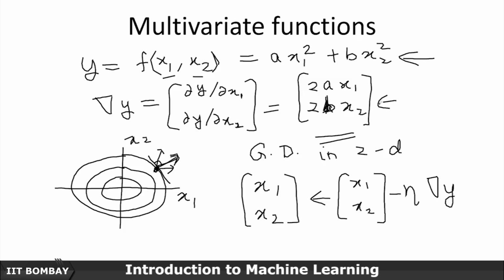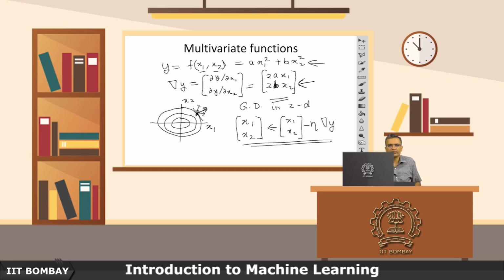What is gradient of y? For this particular function, this is the gradient of y. So, this is also a 2-dimensional vector, x itself is a 2-dimensional vector. So, all the dimensions check out. So, we will make use of this algorithm for multivariate optimization.